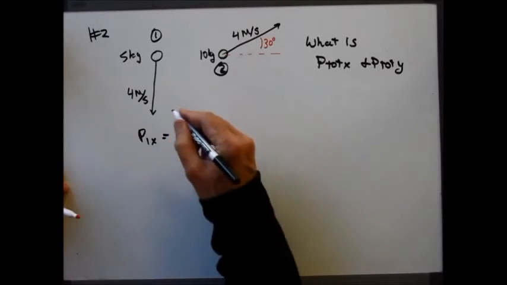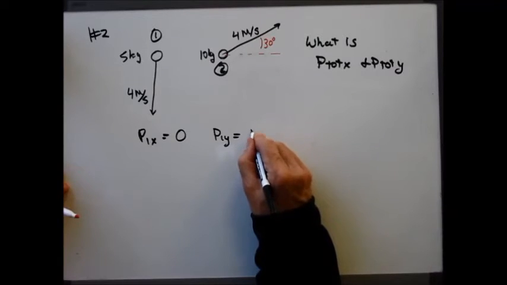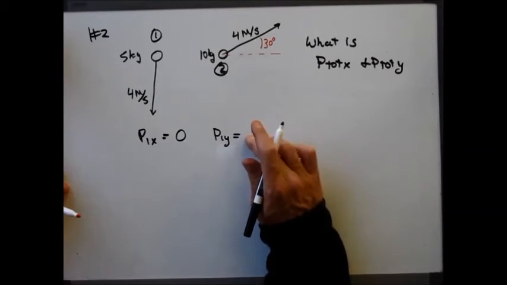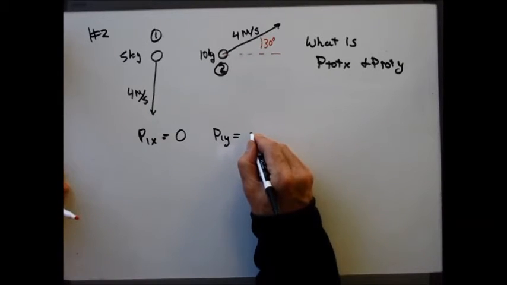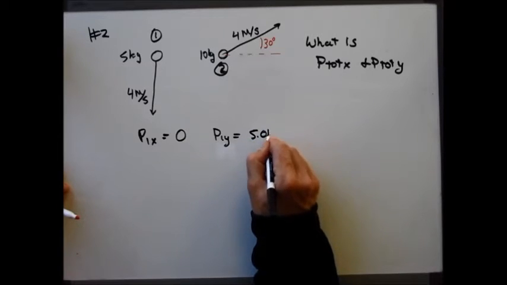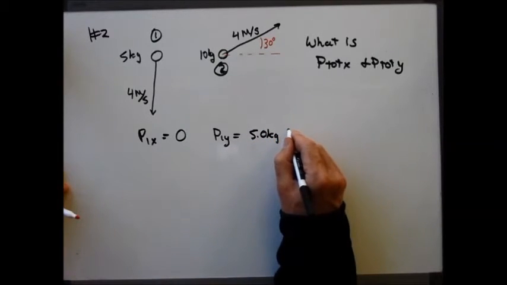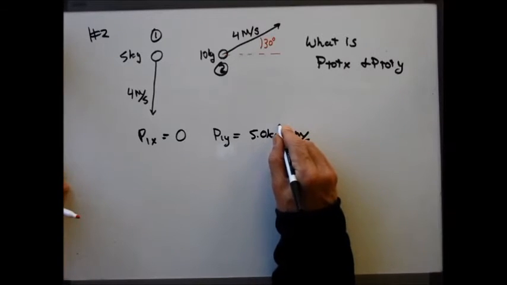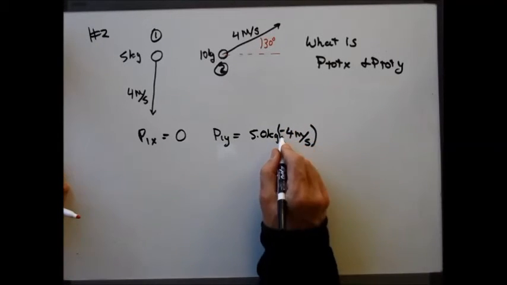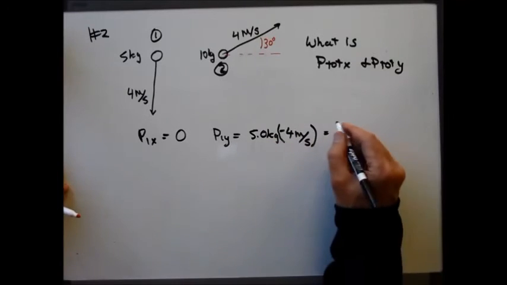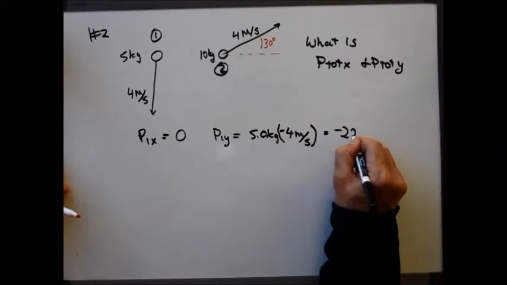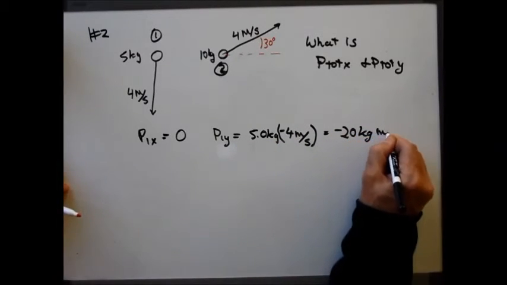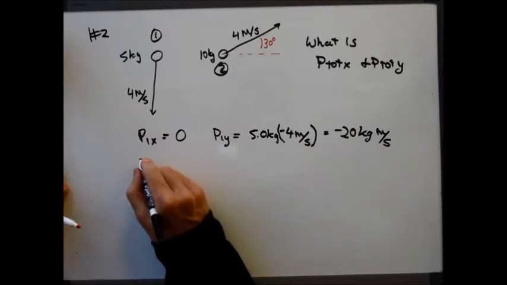P1Y, its velocity is in the Y direction, and so it's 5 kilograms times 4 meters per second, but the velocity is in the negative direction, so I have to be careful to put a negative sign on there. And so P1Y is equal to negative 20 kilogram meters per second, right?